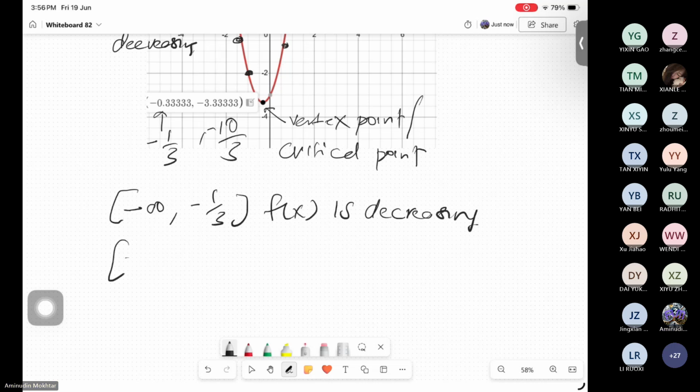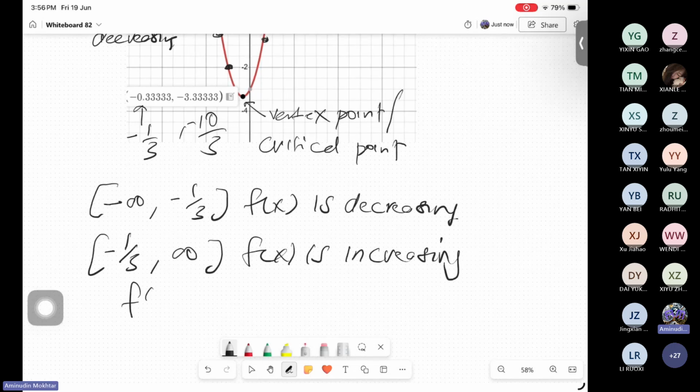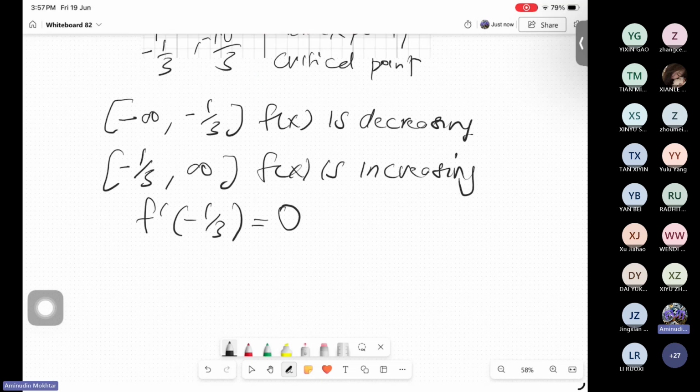Between -1/3 until positive infinity, f(x) is increasing. And then the first derivative at -1/3 is 0. The second derivative at -1/3 is positive. We have just proved this.